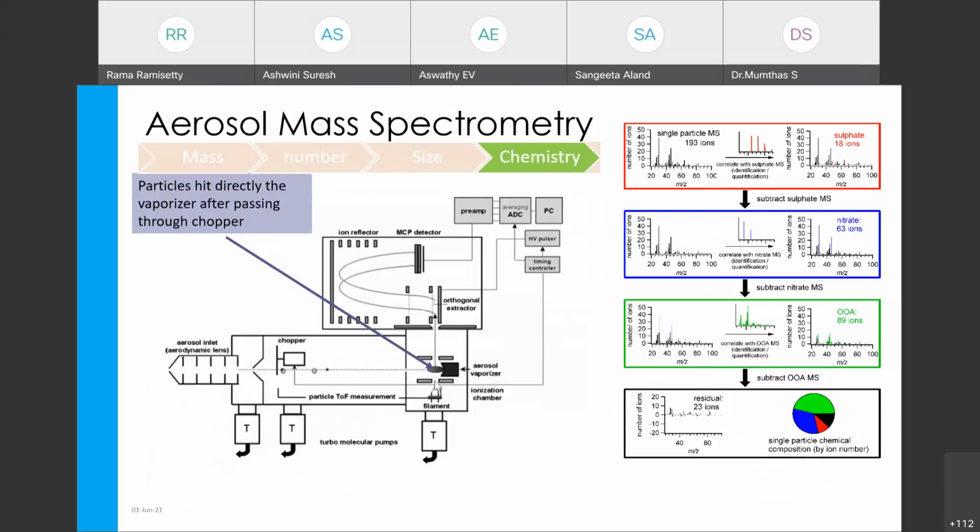Still, it is good, but as I mentioned earlier, each method has its own limitations. We get the chemical composition of these particles by ionizing them. In India we have three or four such instruments, at IIT Kanpur and IITM Pune, and PRL also has one.